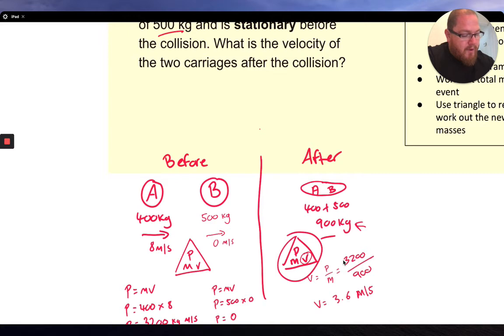So I've got m1u1 plus m2u2, and then m, and whatever the v is. Hopefully you can see that.